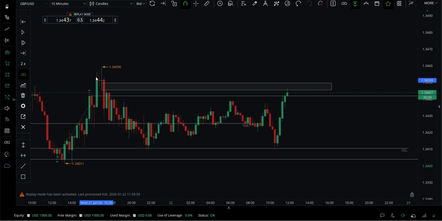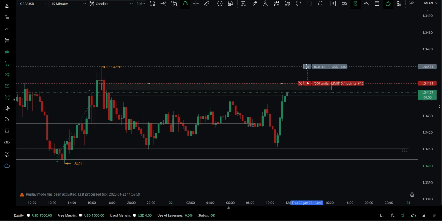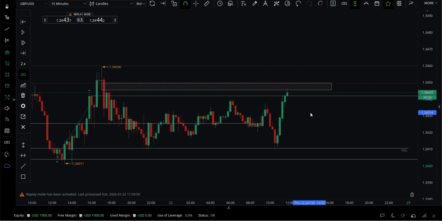We will set a limit order at the high of the gap, since we are looking for lower prices, which is 1.34492. We would round it lower to 1.34490 for a limit order. Okay, I'll leave it at 1.34491. Our stop loss limit will be above the high, which is about 10.5 pips away.